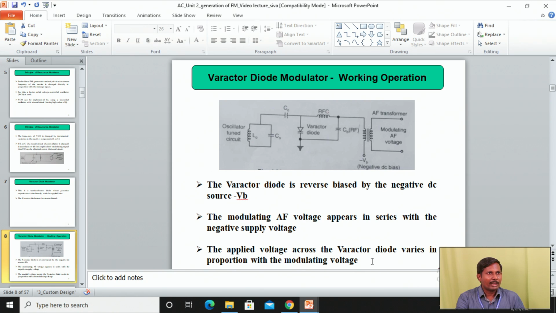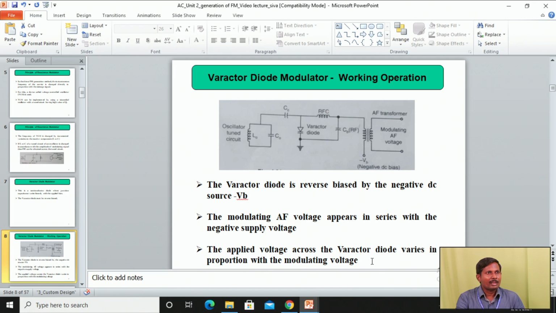The varactor diode is reverse biased by the negative DC source, denoted as VB. The negative bias is represented by the negative sign, that is minus VB. The modulating AF voltage appears in series with the negative supply voltage.